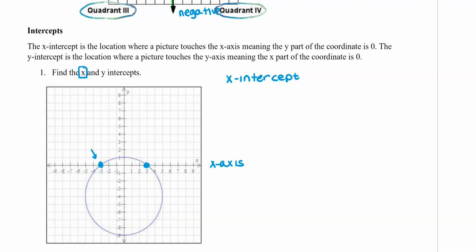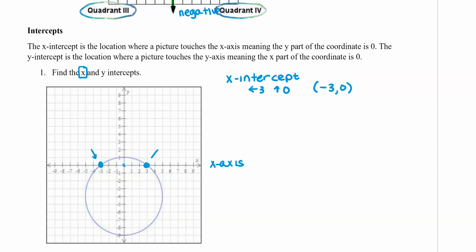This point here, if I want to get to it starting from the origin, I have to go left 3 and up 0 because I'm not coming off of the x-axis. So that location would be -3, 0.